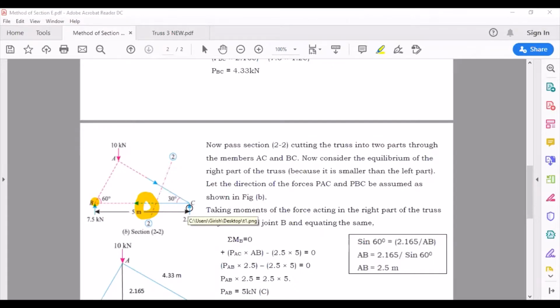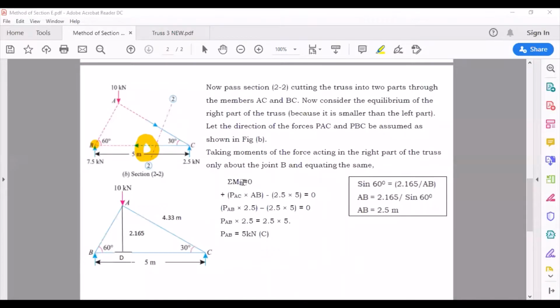Now let us calculate the moment. Sigma moment about B. PAC, whose perpendicular distance is AB. Directly this PAC is multiplied by the distance AB only because this is a right angle triangle: 60, 30, this is 90 degrees, which means that this member is perpendicular to this member, and that is why we are taking it directly.